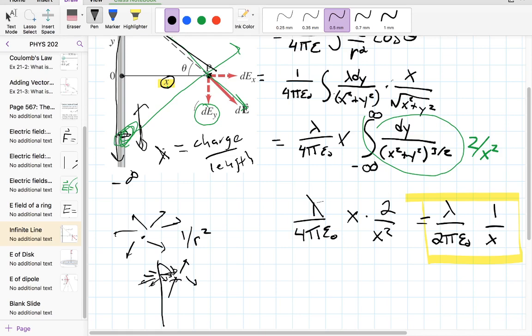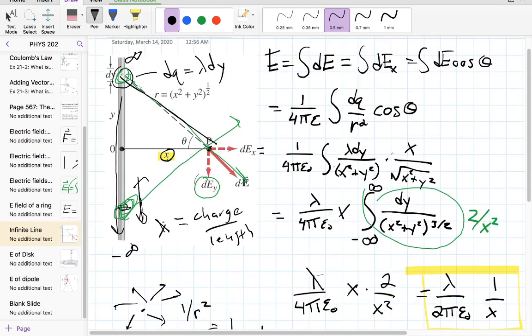So the field of anything that's linear as opposed to a point, whether we're talking about electric, magnetic or gravitational fields, tends to be proportional to 1 over the distance instead of 1 over the distance squared, because instead of going out in 3 dimensions, the field lines only spread out in 2 dimensions. So the fact that this is proportional to 1 over x makes me happy, and that's the result that your book gets.